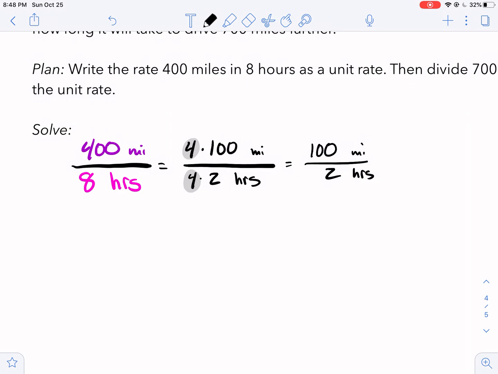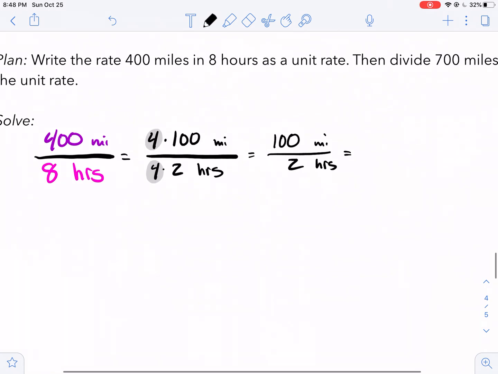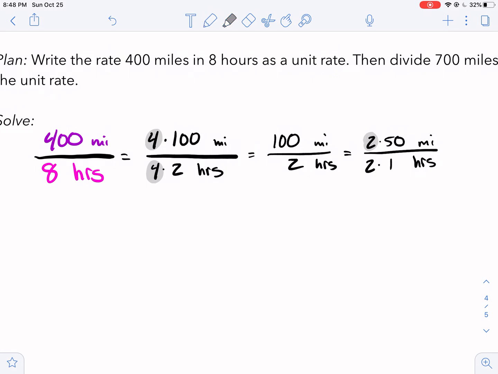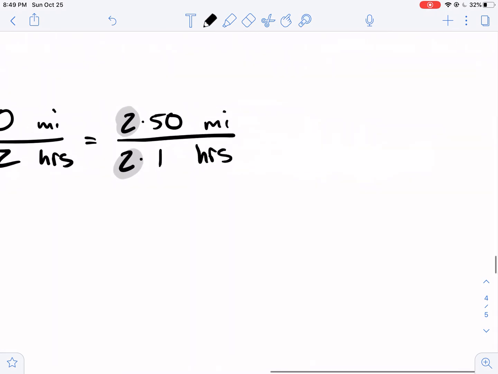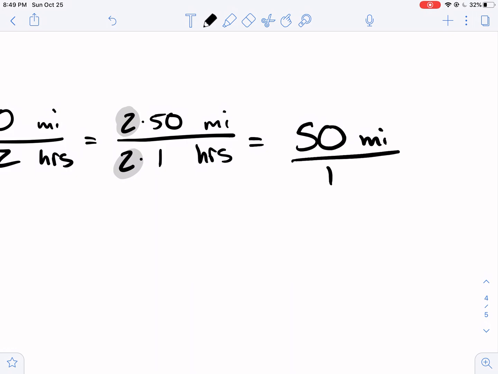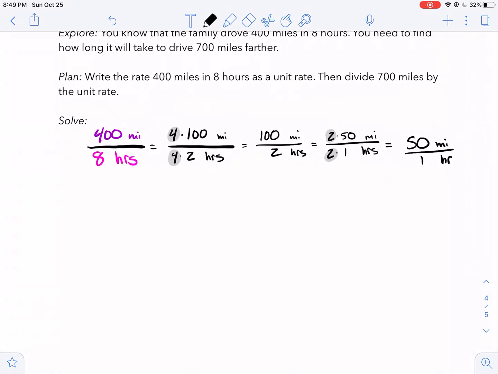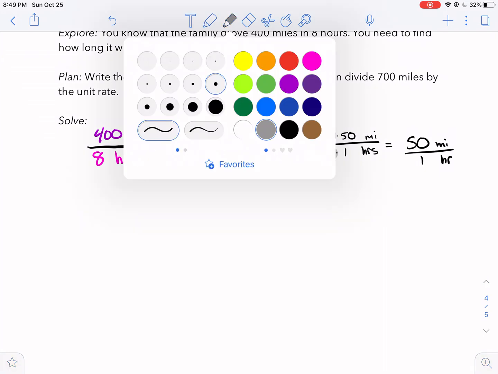But we're not done. 100 is equal to 2 times 50, and 2 is equal to 2 times 1. We can reduce even further. By the way, if you reduced an 8 out right away, good for you. I'm so proud. So that gives us an average of 50 miles per 1 hour. Excellent. We got our unit rate.